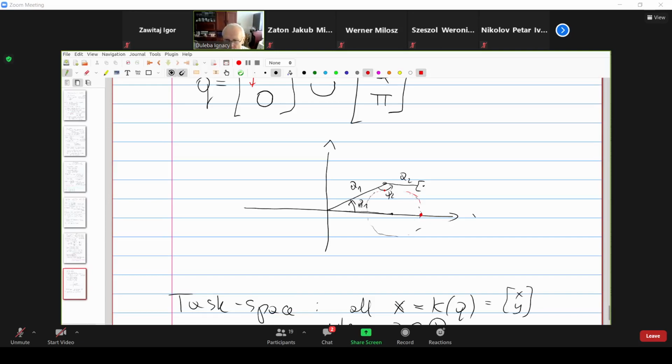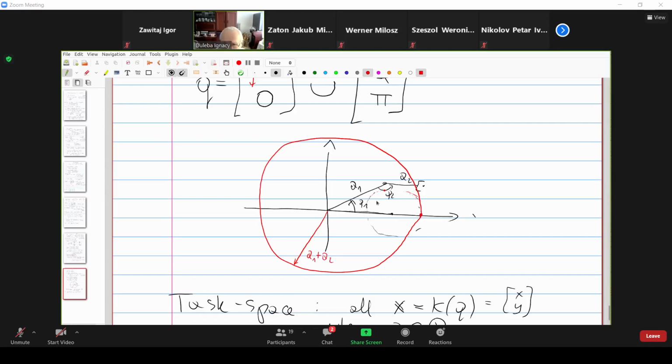And if we rotate with Q1, you can easily imagine that I will get a circle. So let's discuss the radius of this circle. Can you see it? It is A1 plus A2.